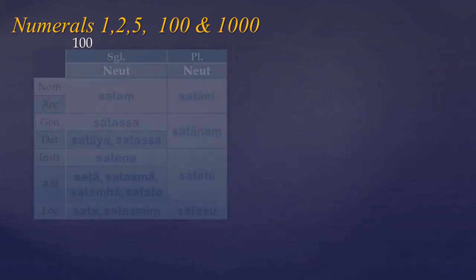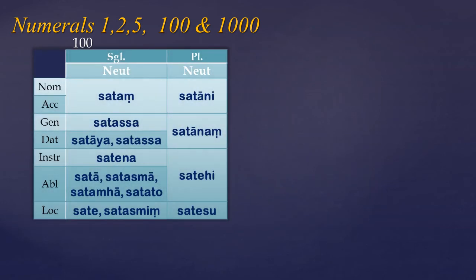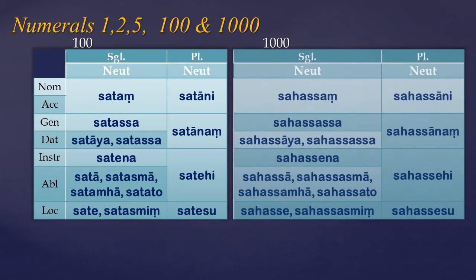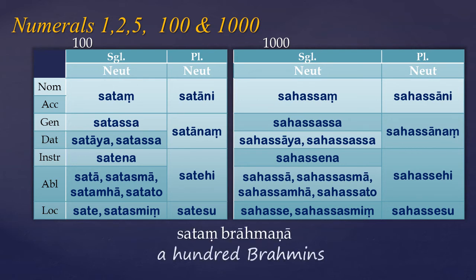The numerals satam, 100, and sahassam, 1,000, are again in effect genderless, but they decline like an A-stem neuter noun, and can be found in both the plural and the singular. They take either the same case as the noun that they qualify, or that noun can be in the genitive, usually with the numeral then being in the nominative.